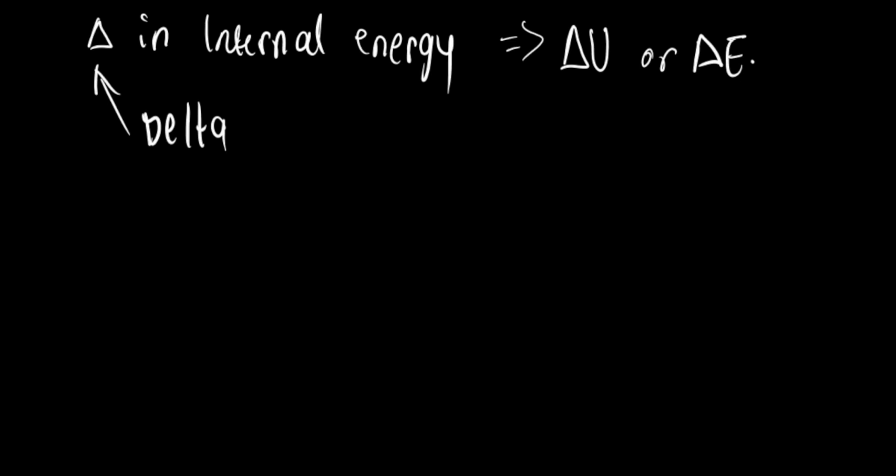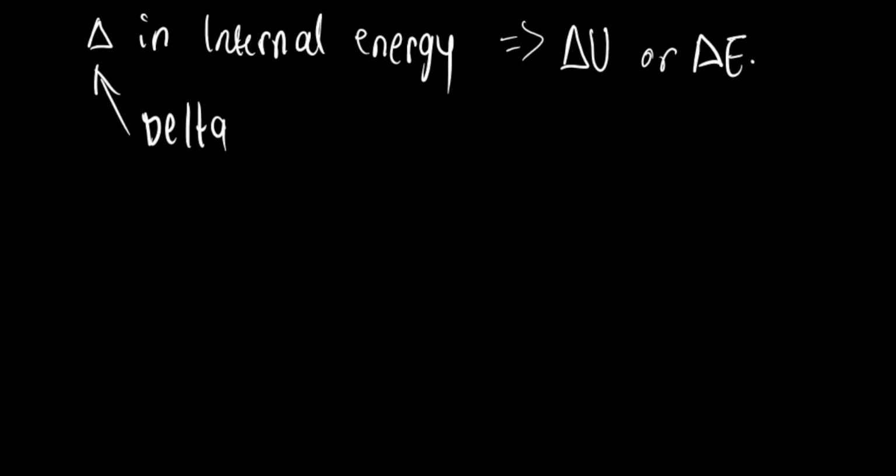Now, the internal energy is basically all possible forms of energy that could be contained within the system. So it could be kinetic energy, it could be potential energy, but all the forms of energy that could be contained in a system would be the internal energy of that system.